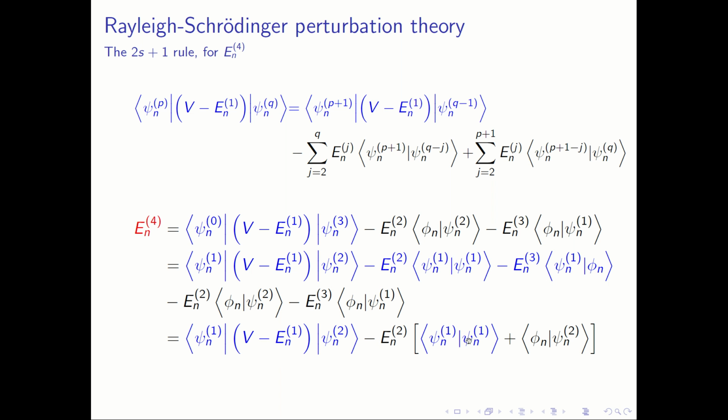Now this is not 0 actually, and if you remember the conventional normalization formula that we had derived, it turns out that this thing is actually negative of psi n2 phi n, because phi n psi n2 plus psi n1 psi n1 plus psi n2 phi n turned out to be 0. So this is the final simplified formula we have for En4.